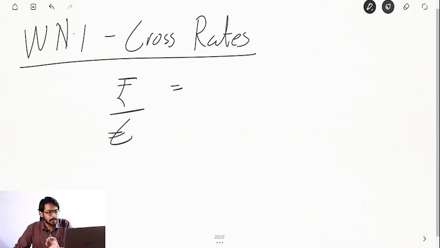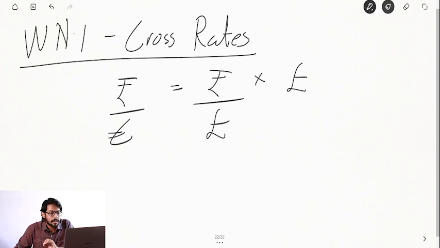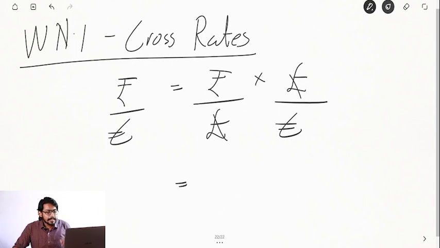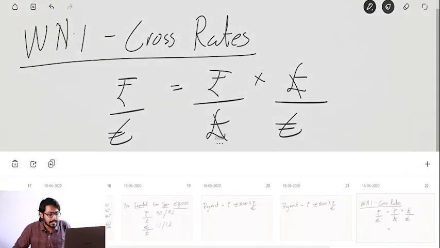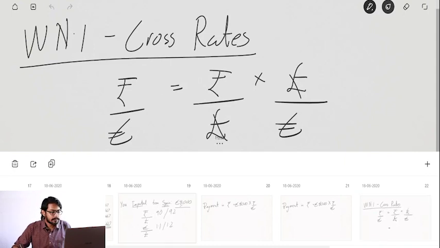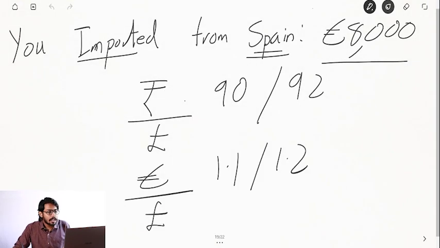Rupee by euro is equal to rupee by pound into pound by euro. Pound and pound get cancelled, you will get rupee by euro. Write down this much, then come and select the rates.